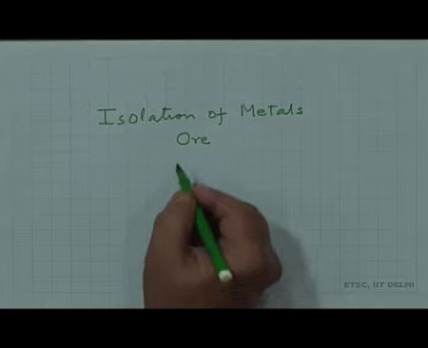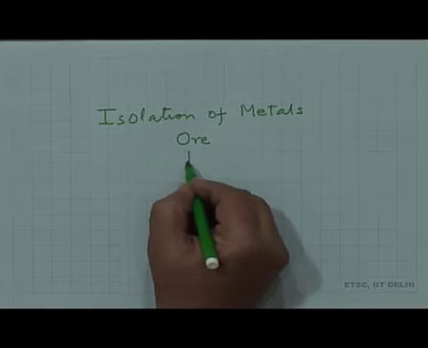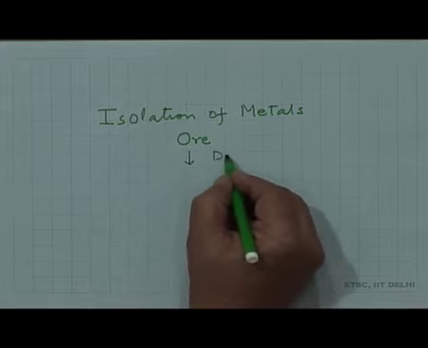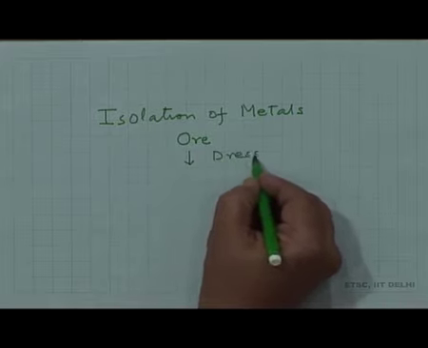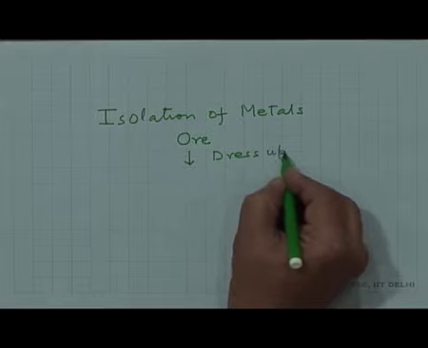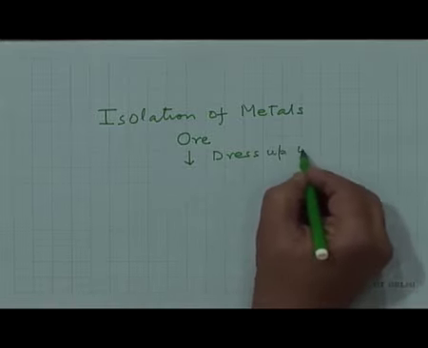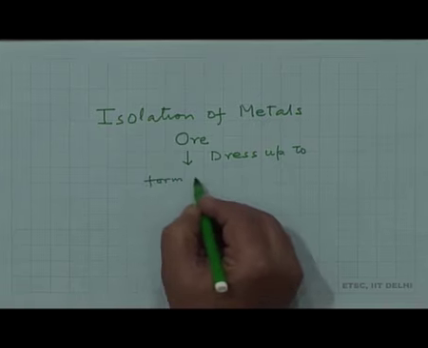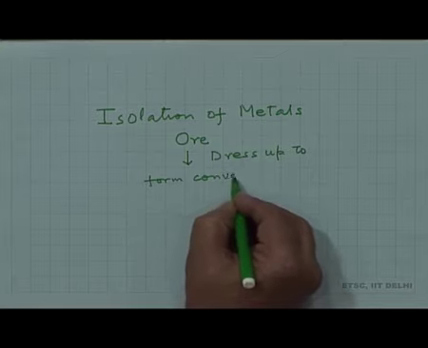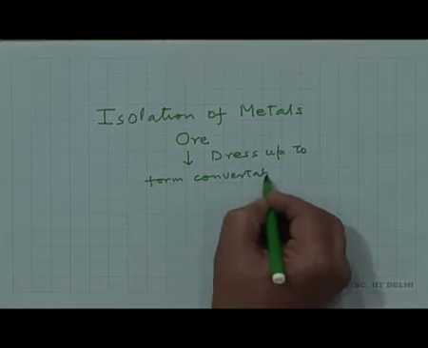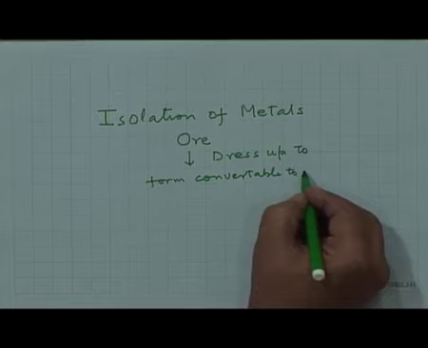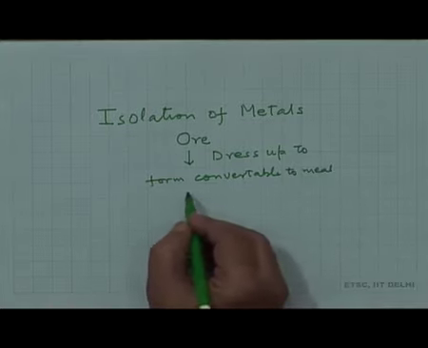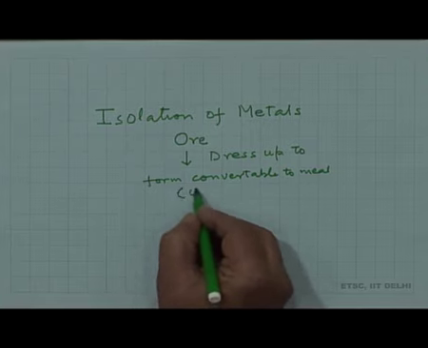So, first step is convert this ore, or dress it up, to a form convertible to metal. Convertible form is oxide.